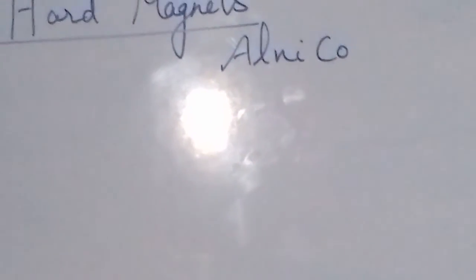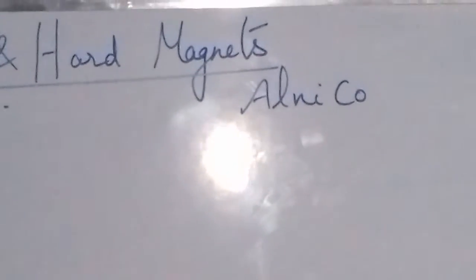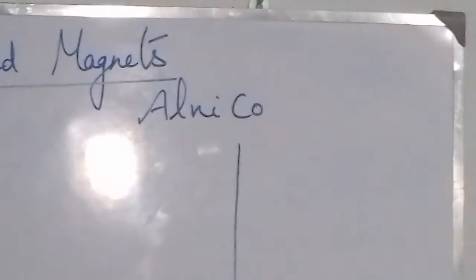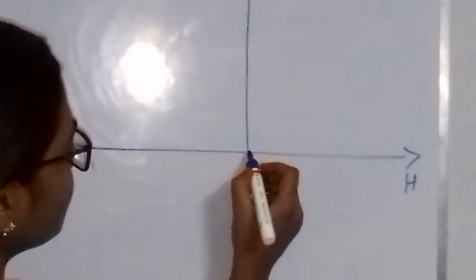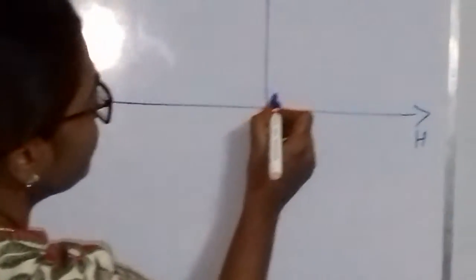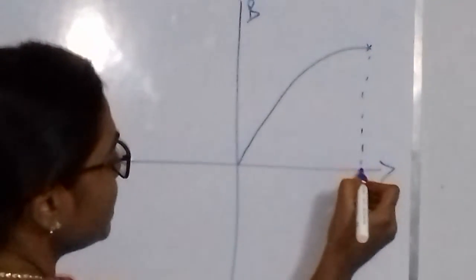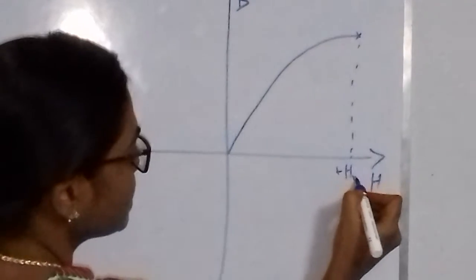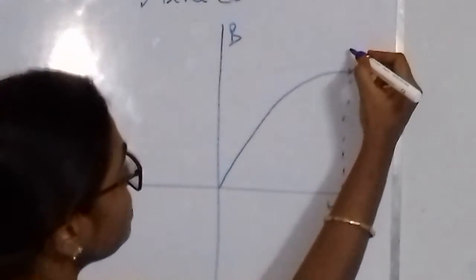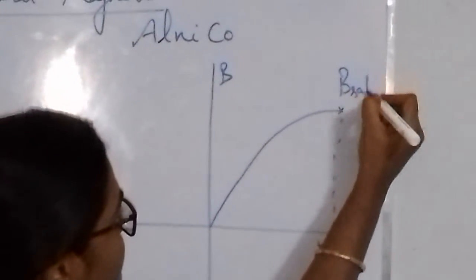Now if we take alnico, alnico is also an alloy which consists of aluminium, nickel and cobalt. When we draw a hysteresis loop and apply an external magnetic field, the saturation is here. So we need a very strong magnetic field to make the flux lines get inside.